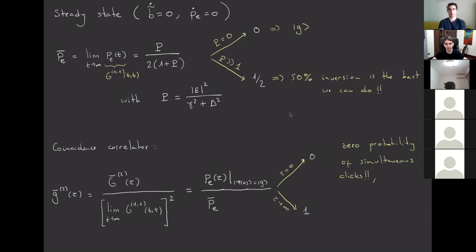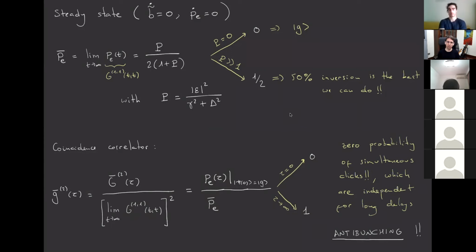But that eventually, for long delays, these clicks are statistically independent for long delays. So for large tau. So this property, it's called, as you can imagine, antibunching.